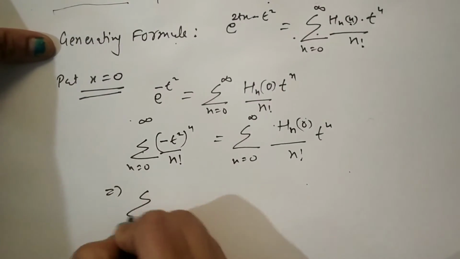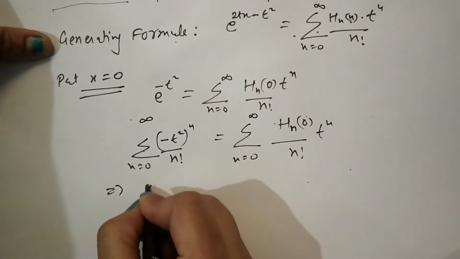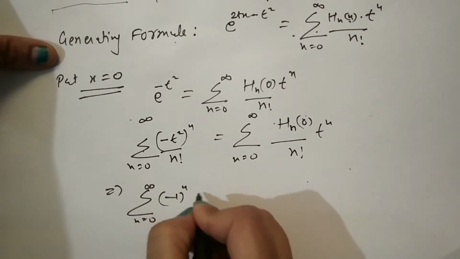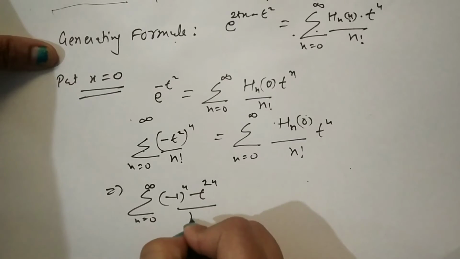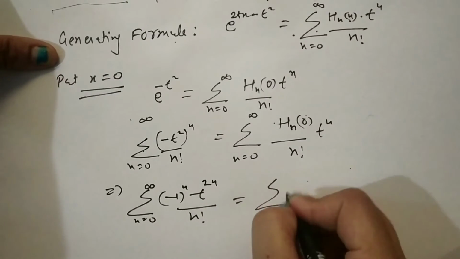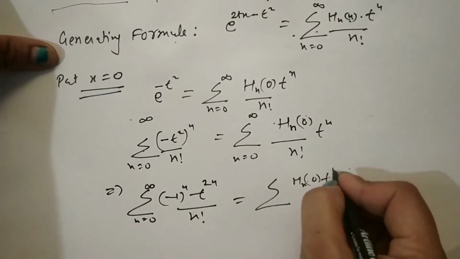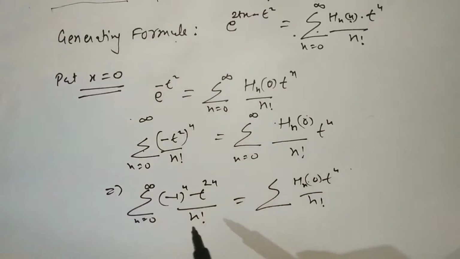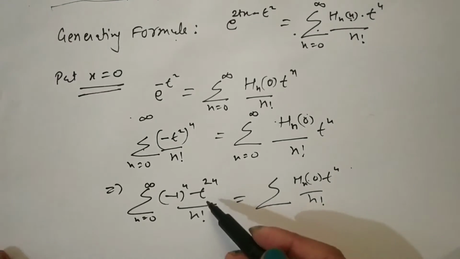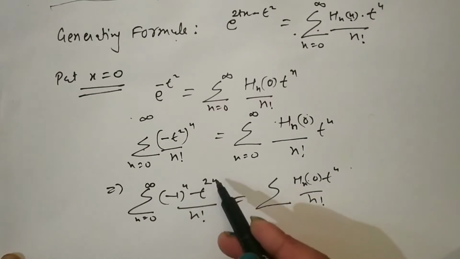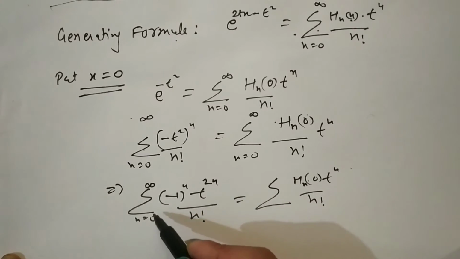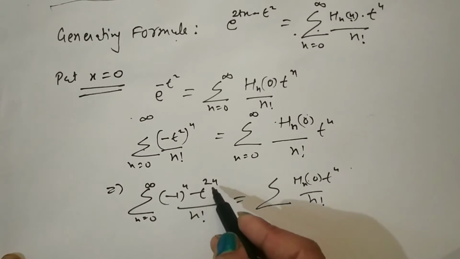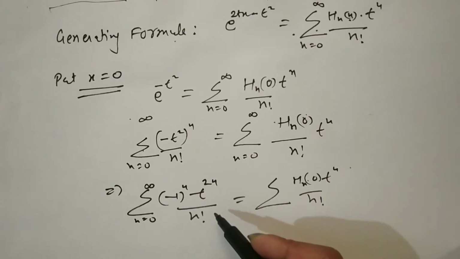So this can be written in the next step as minus 1 raised to power n t raised to power 2n upon n factorial, and here summation H_n(0) t raised to power n upon n factorial. Now you can see in this summation all the terms will have even power because it is t raised to power 2n. If you put n is equal to 0, it will be t raised to power 0. n is equal to 1 means t square. n is equal to 2 means t raised to power 4. So all the terms will be even here.